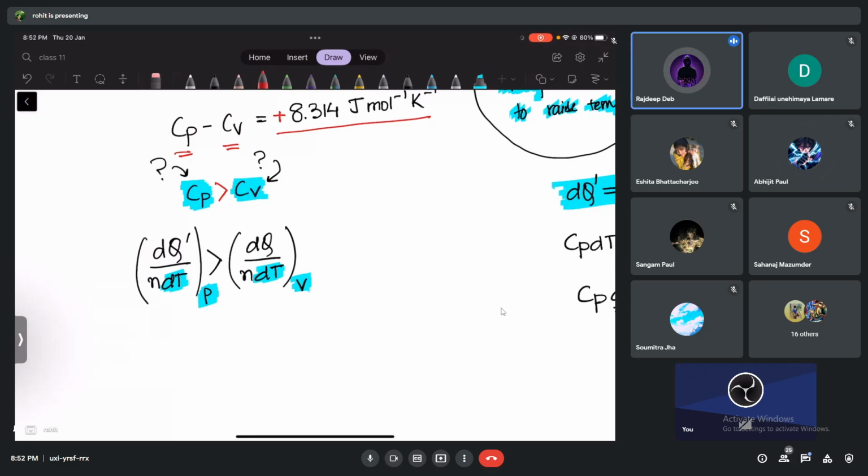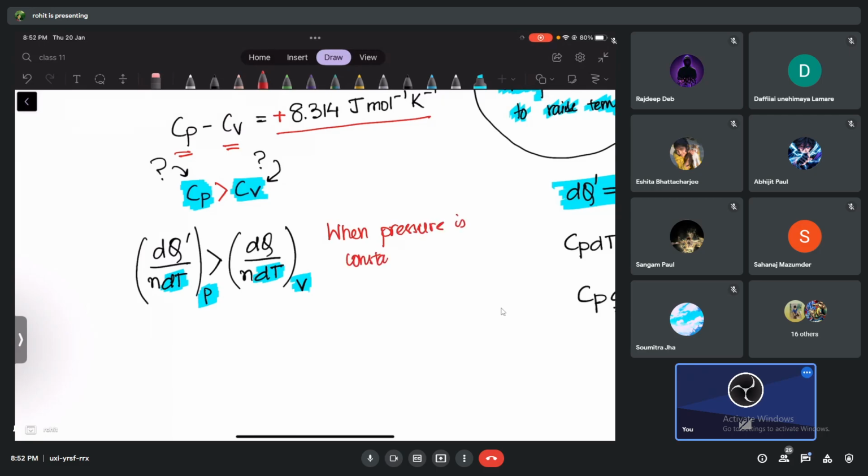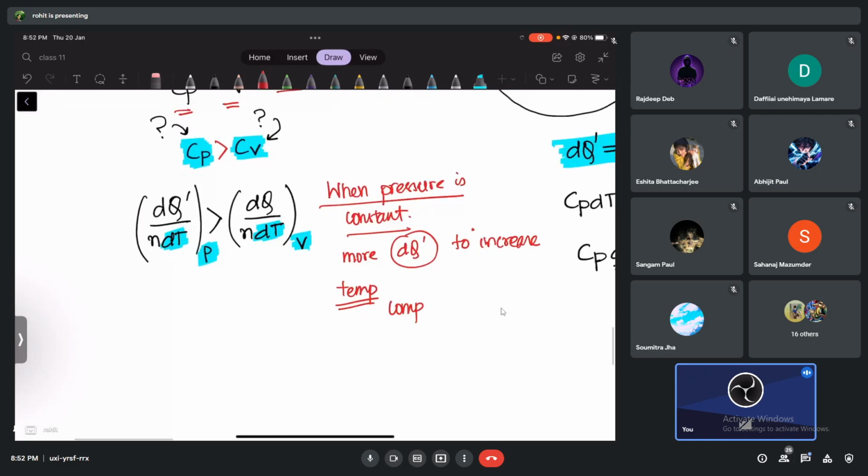When pressure is constant, you need more heat energy compared to the heat required to increase the temperature by the same amount by keeping the volume constant.